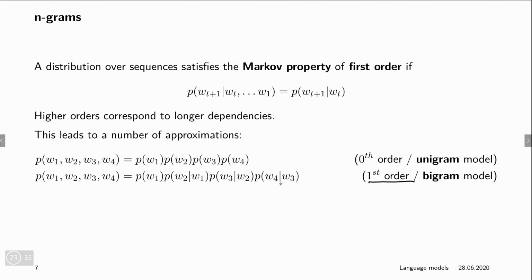And in a bigram model, which corresponds to a 1st order Markov model, we would assume that W4 only depends on W3, but not on W2 and W1.